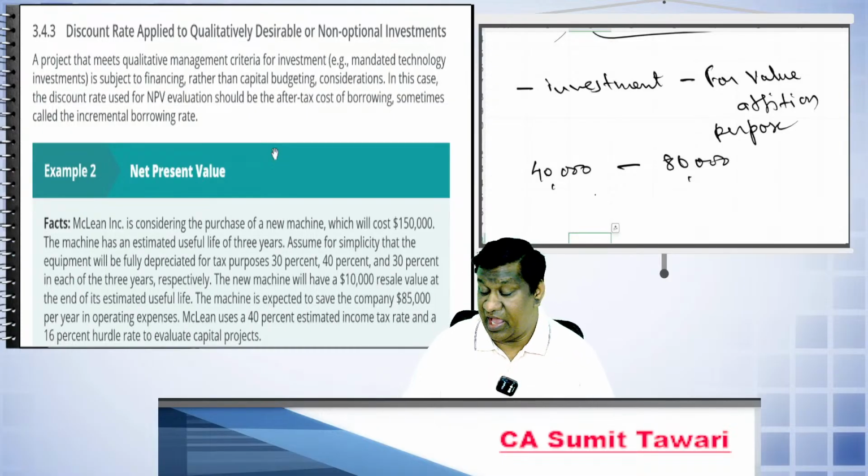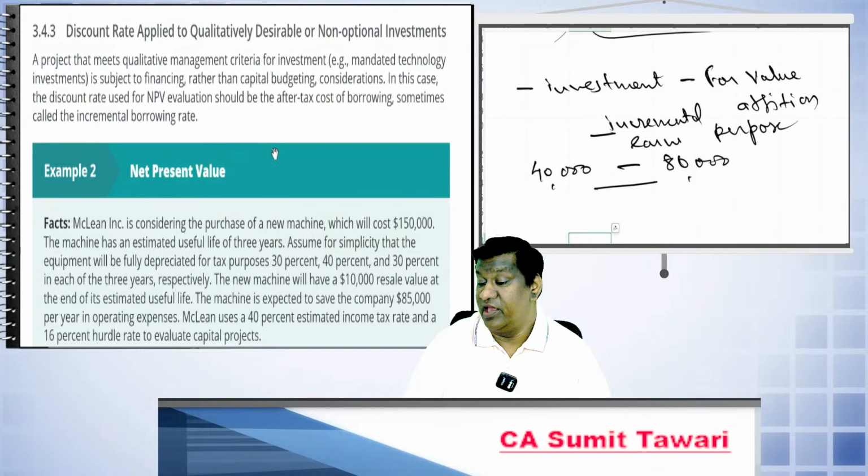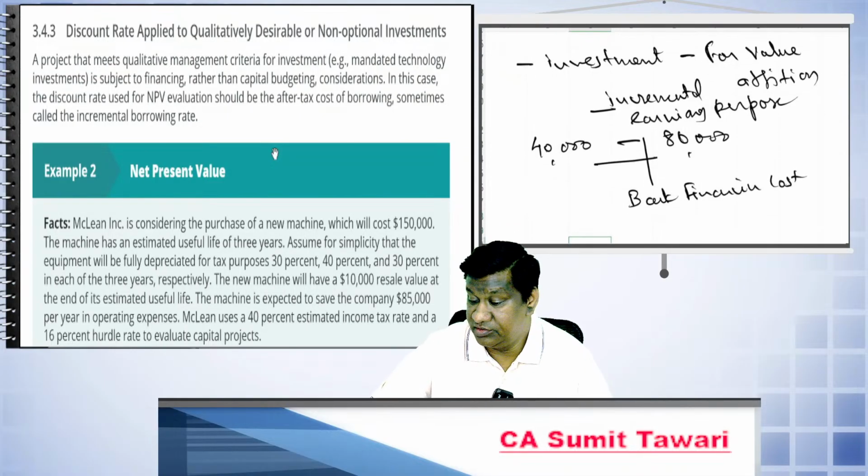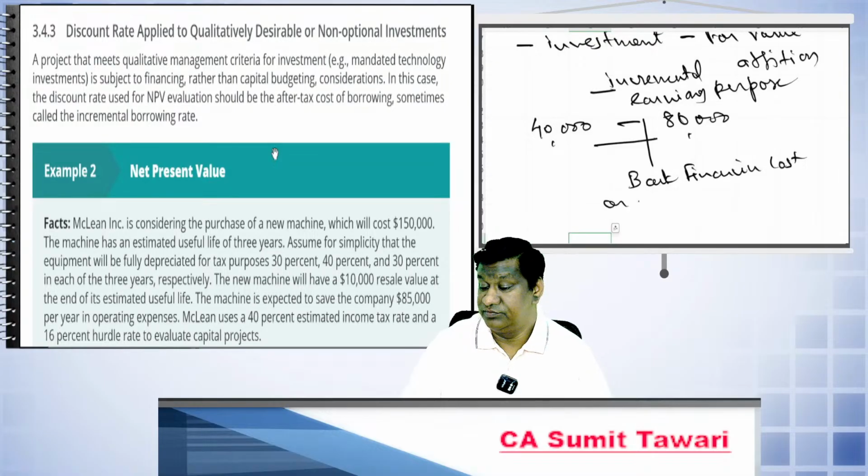So whatever the incremental earning may be, that we need to discount, and for that we need to use the bank financing cost, or the weighted average cost of capital.